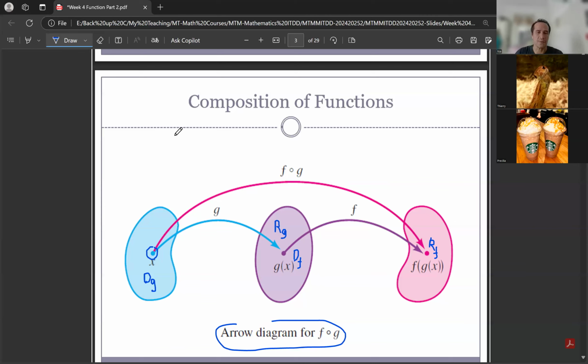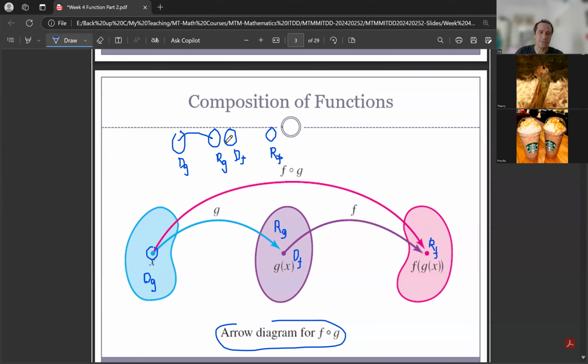For example, this is f, this is g, and this is R_g. If there is no intersection between R_g and D_f, we cannot continue the composition.